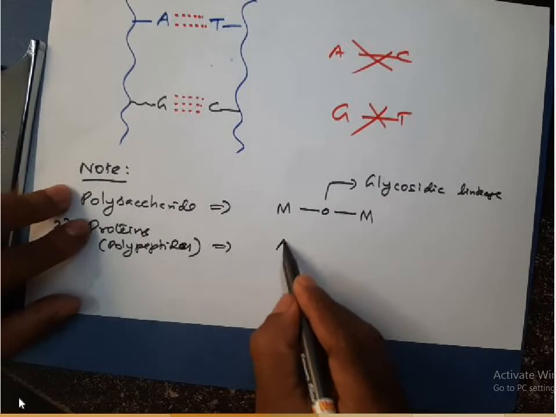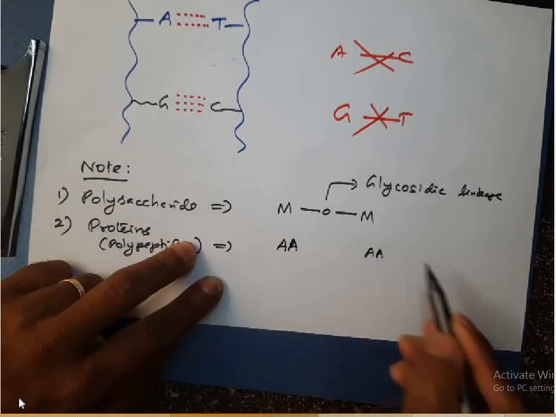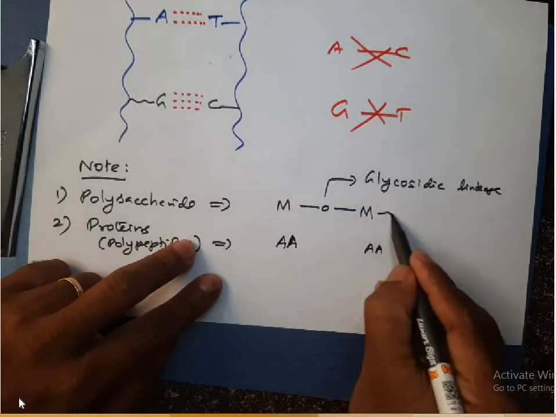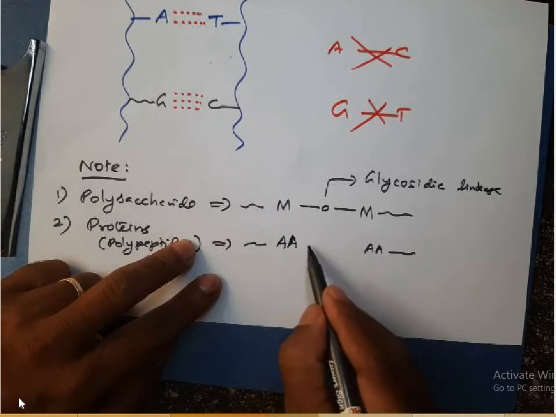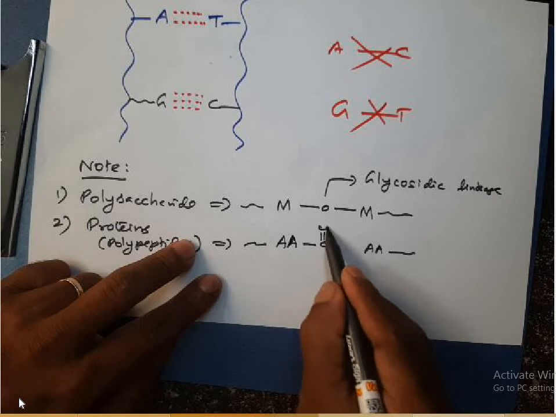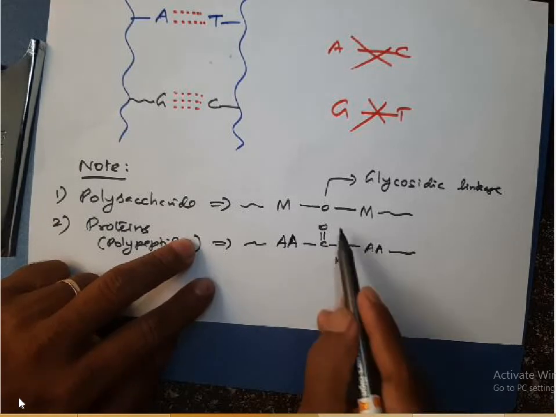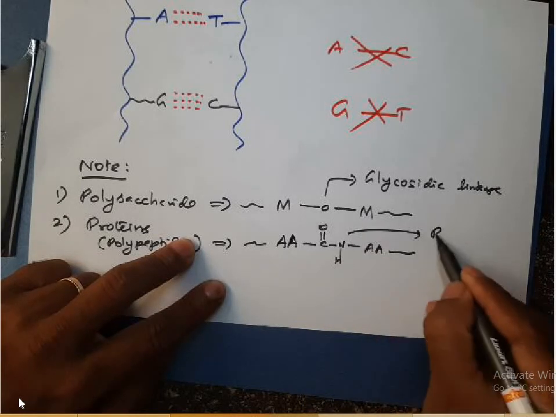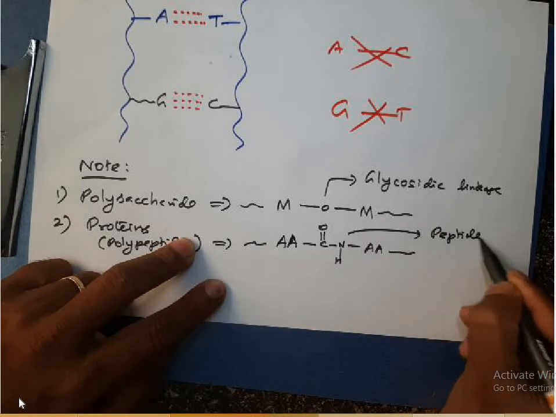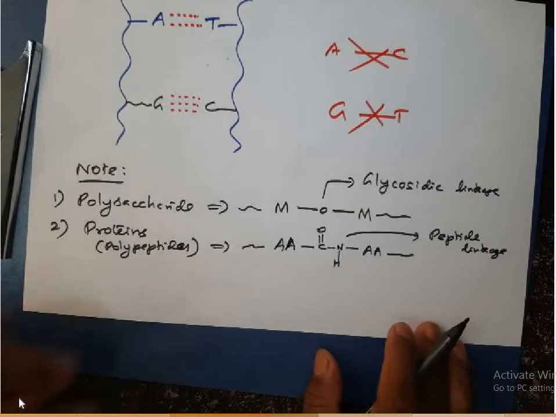One amino acid and another amino acid unit, actually it's a chain, are connected through a linkage given as CONH. The CONH linkage is called peptide linkage. Students, very important for competitive examinations.